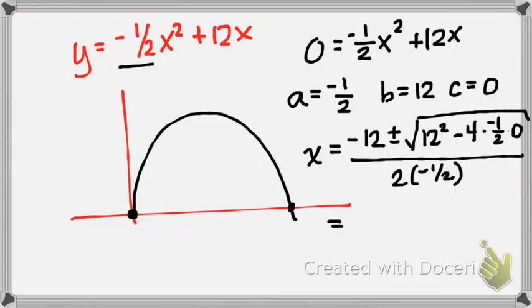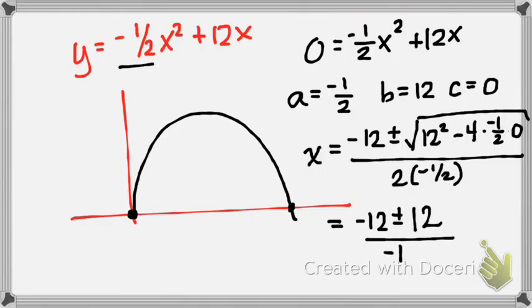So we get -12 plus or minus the square root of 12 squared, and notice there's a multiplying by 0 under here, so this whole term is 0. So I really get plus or minus the square root of 12 squared, which is 12, all over 2 times -1/2, which is -1.